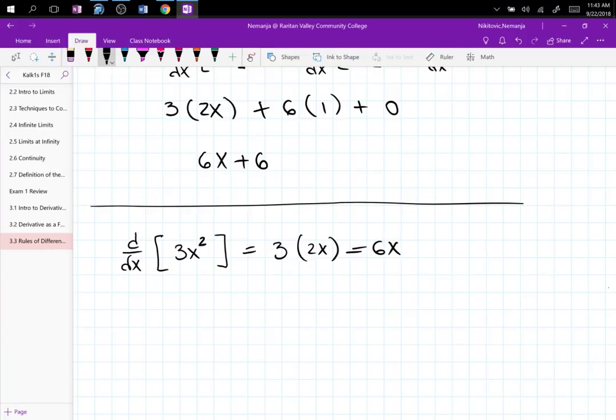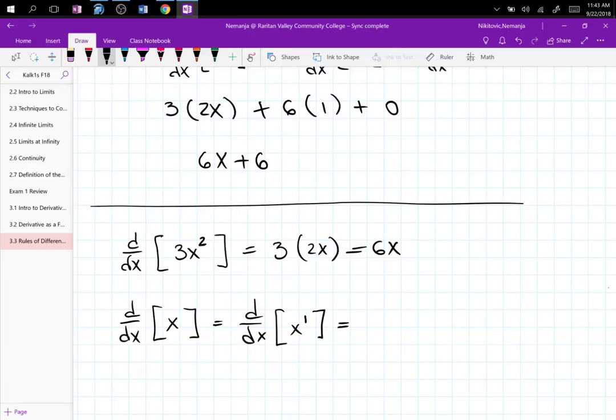Now, some of you might be wondering why the derivative of x is 1. Well, I would like you to discover that now. What is the exponent on this x? 1. Thank you. So run the formula knowing that the exponent is 1. I wrote the 1 this way because I don't want this to be confused with x prime. So it's x to the first power, so x to the 1, not x prime.